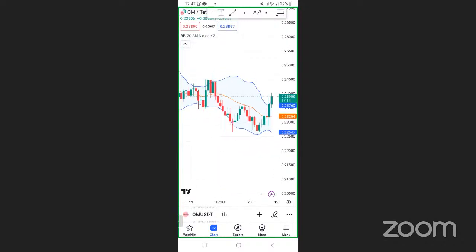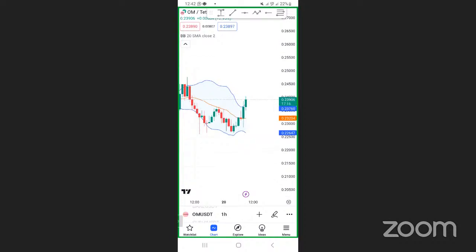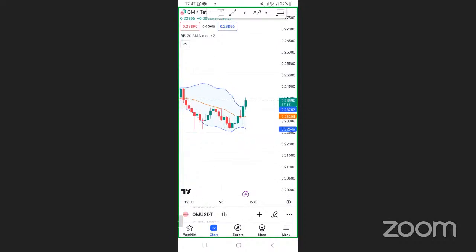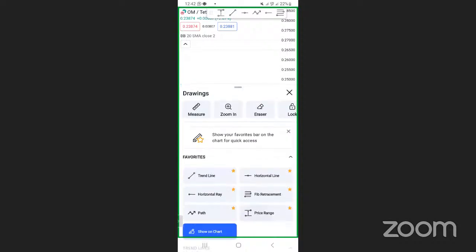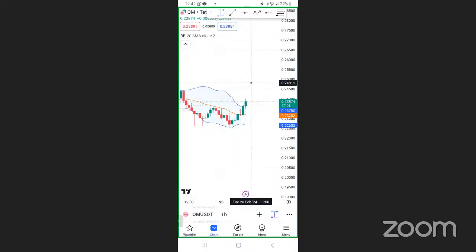Listen. Now, at this point, the OM is at the upper band. I don't prefer trading when the coin is on the upper band. So the opportunity which was here is around the lower band. You see this? That was the opportunity.